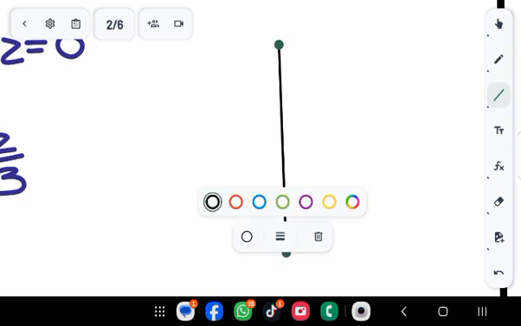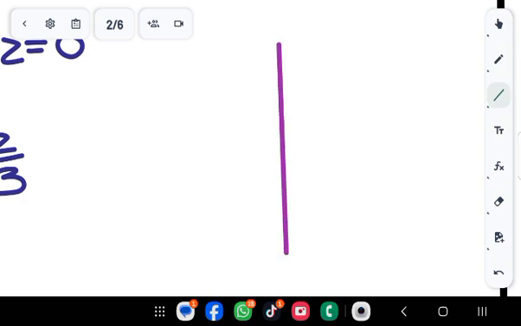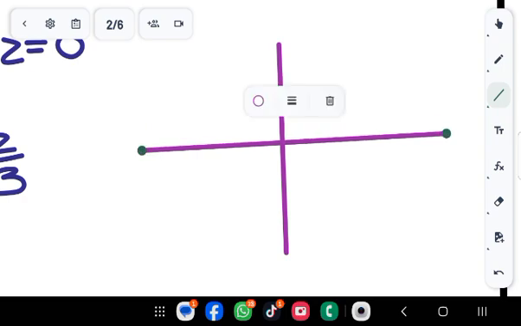So according to the CAST diagram, this is the situation that we have. All right, here is the CAST diagram.